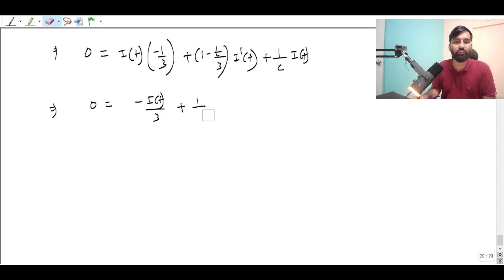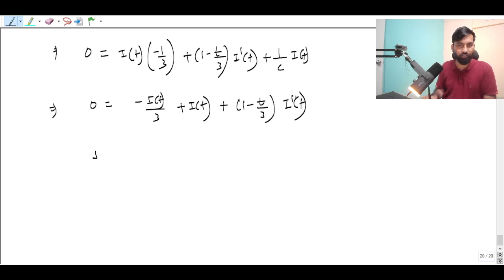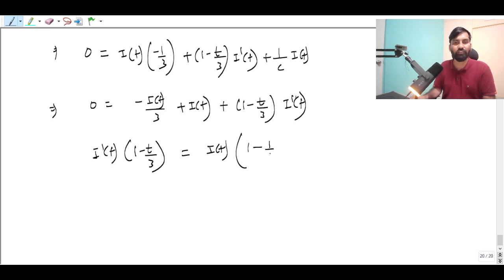So c is going to be 1, so you can simply write this is nothing but it, and this is plus 1 minus t by 3 I dash t. Now what you can do here is you can say I dash t times 1 minus t by 3 is going to be equal to, you can take it common here, so 1 minus 1 by 3. Now you can simplify this, so this is it 2 by 3. I believe this is fine, right?